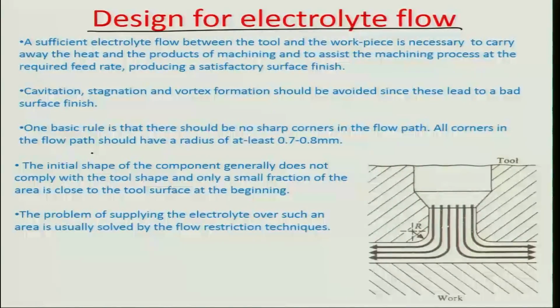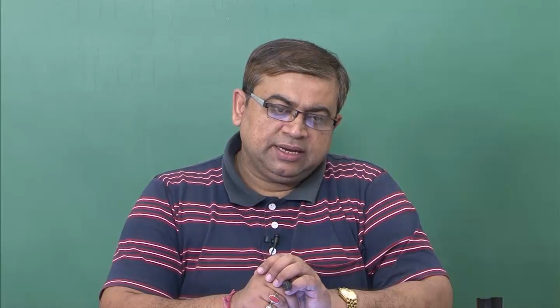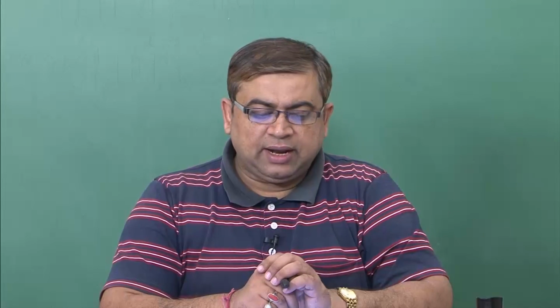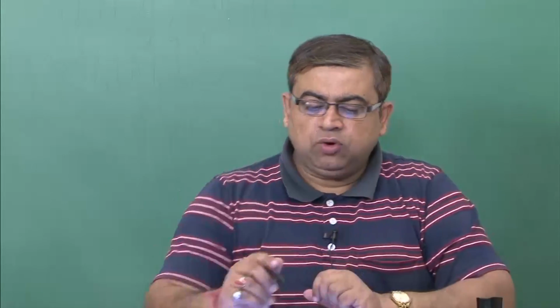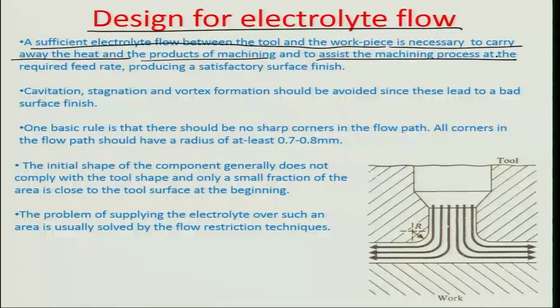Also we want to avoid any sudden flow separation, where because of the electrolyte not being available, there is less machining and eventually creation of a boss or a ridge because of improper reach of the electrolyte. So a sufficient electrolyte flow between the tool and the workpiece is necessary to carry away the heat and the products of machining, and to assist the machining process at the required feed rate, producing satisfactory surface finish.